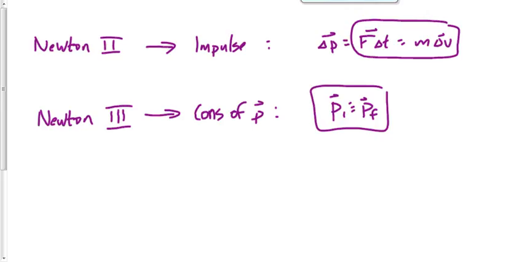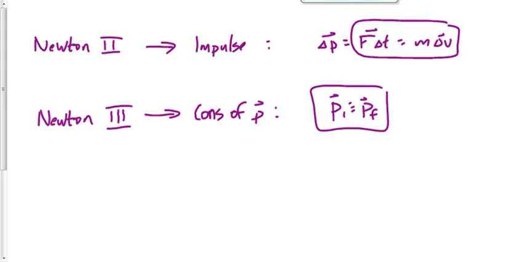So in that case we'd have an isolated system, and momentum would hold. If we looked at it 10 seconds after, conservation of momentum wouldn't work because of that external force. So in an isolated system, momentum is conserved. And again, that comes from Newton's third law, where we say F12 is equal to negative F21.